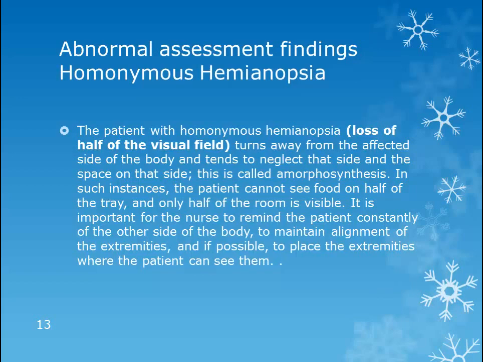In such instances, the patient cannot see food on half of the tray and only half of the room is visible. It is important for the nurse to remind the patient constantly of the other side of the body to maintain alignment of the extremities and, if possible, to place the extremities where the patient can see them.